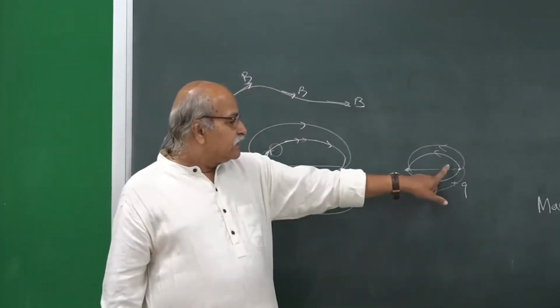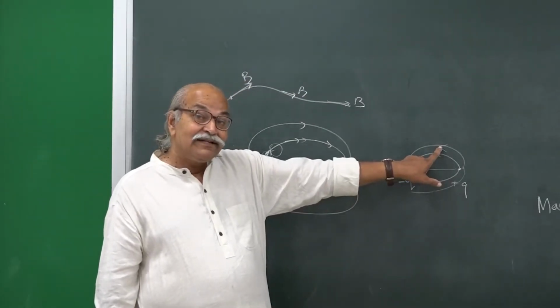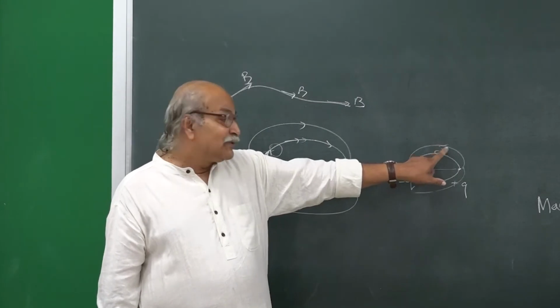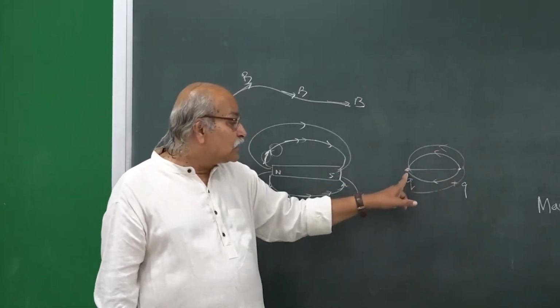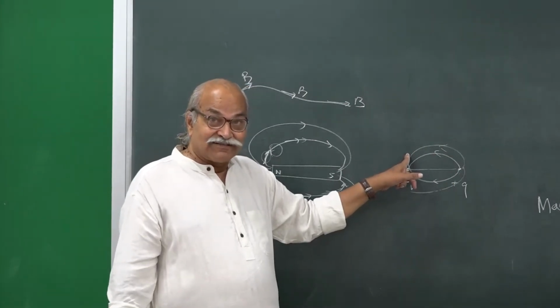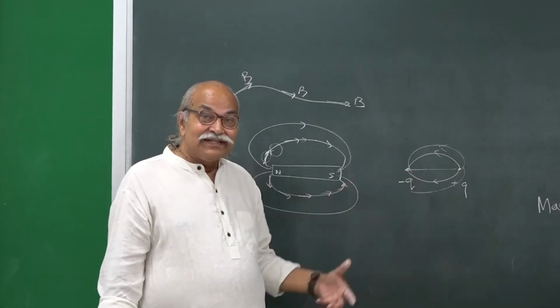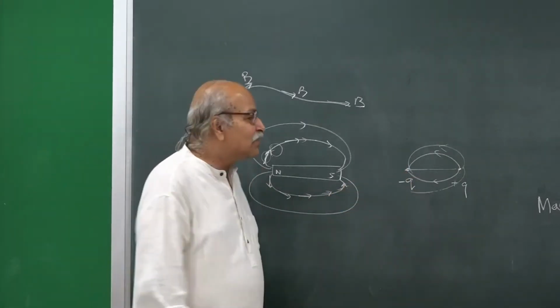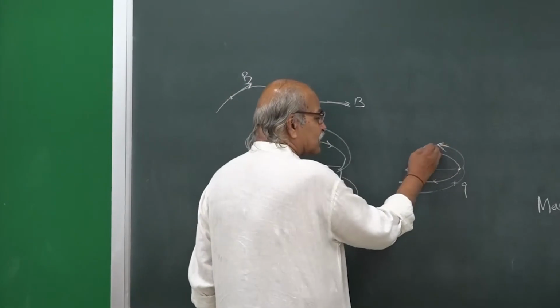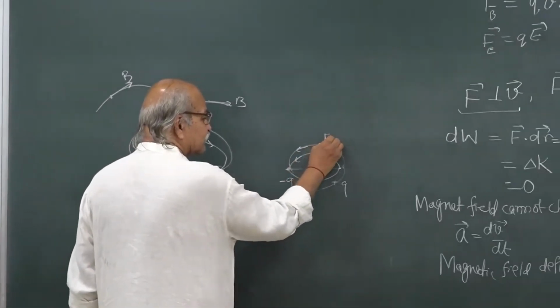Now, here the force is parallel to the electric field. So, these field lines are also force lines. In fact, they are called lines of forces. The electric field lines are called electric lines of forces, because this is the direction of electric field and this is also the direction of force.